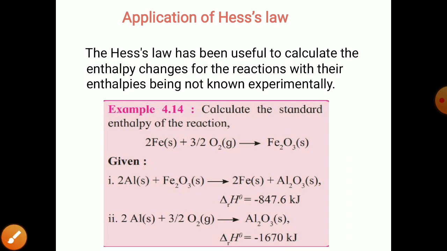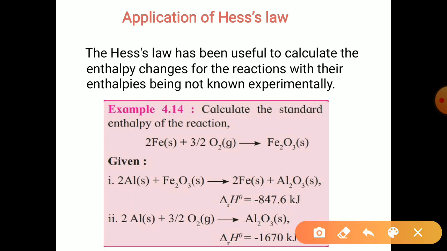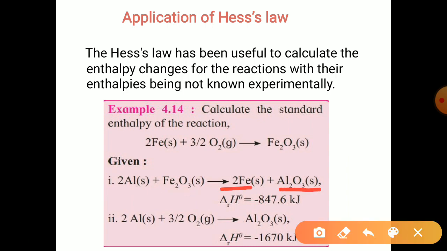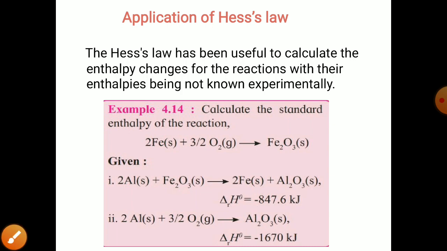Now here what is given? The given here is two reactions. 2Al reacts with Fe2O3. We get 2Fe and Al2O3. And the enthalpy change for this reaction in the standard state is given as minus 847.6 kilojoule.